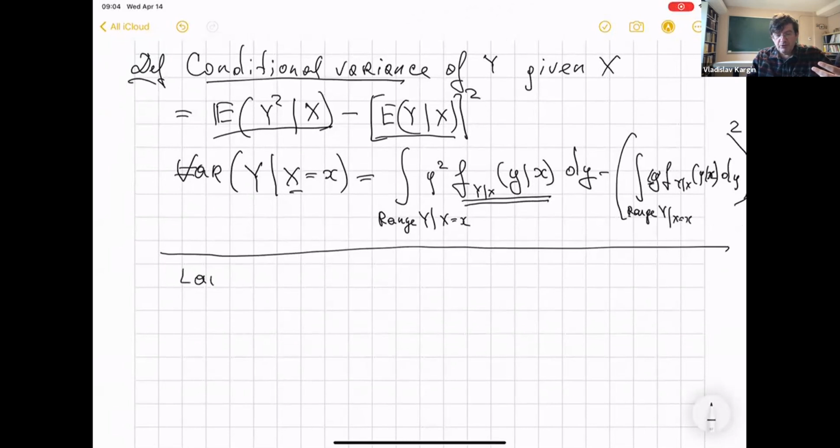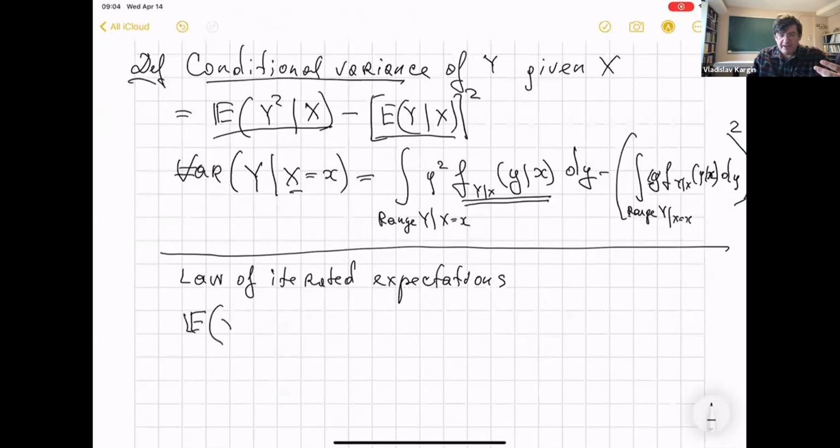Just a reminder: we saw it in the form that the expectation of y was equal to the expectation of the conditional expectation of y given x.